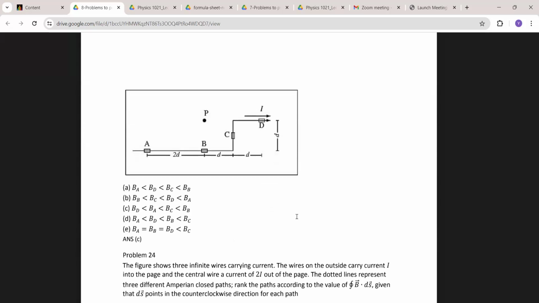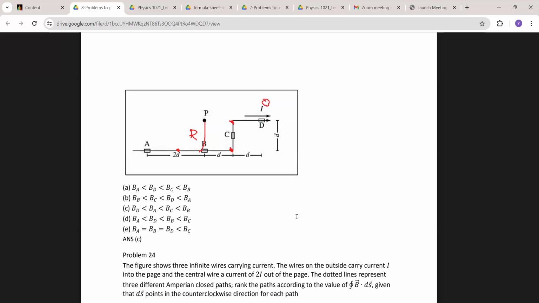Okay, let us look at elements A, B, C, D. At the beginning, element D is 0. And for element B, the distance between the element and the observation point is the minimum.